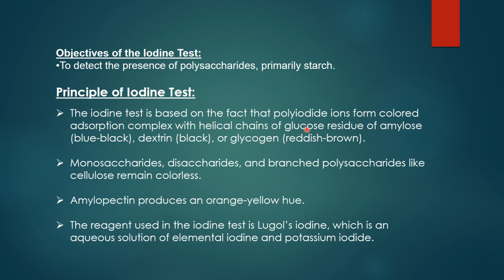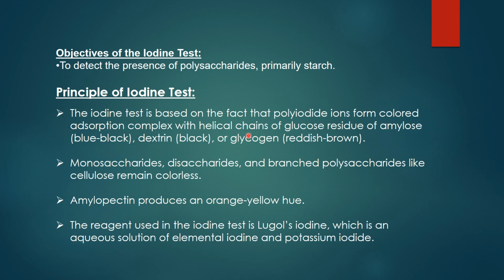And if the sample was a dextrin, it will give a black color, and glycogen will give a reddish brown color. They are polysaccharides, but each one has a different color due to the helical chains.